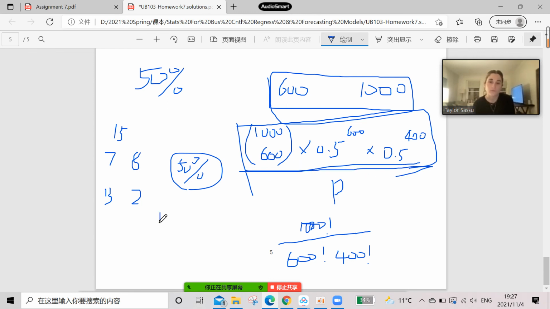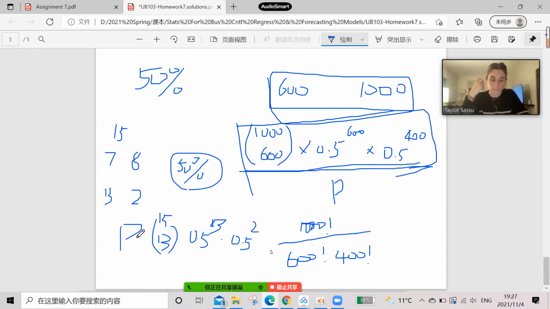It's 15 choose 13 times 0.5 to the 13 times 0.5 to the 2. I just use this formula, and that is my p-value. This is a very precise p-value of the probability of observing 13 or more positives among 15.